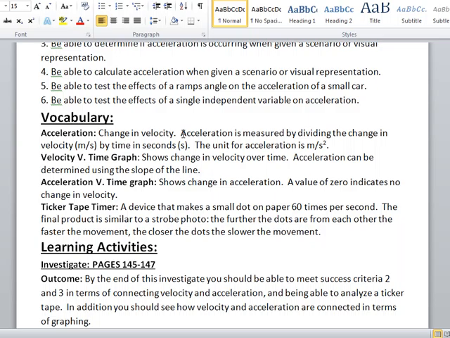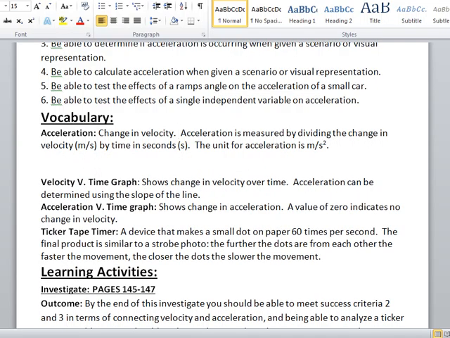Now, one of the biggest misunderstandings is how we measure acceleration, or the unit used to measure acceleration. So acceleration, again, it's that change in velocity over time. Now, the goofy thing about it is that velocity is already meters per second. Okay? Now, acceleration is the change in this meters per second.